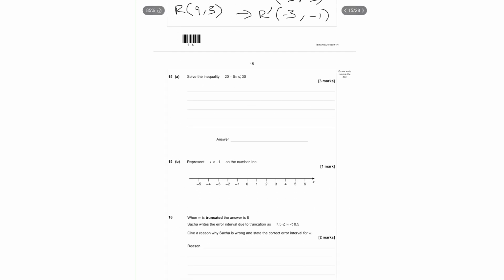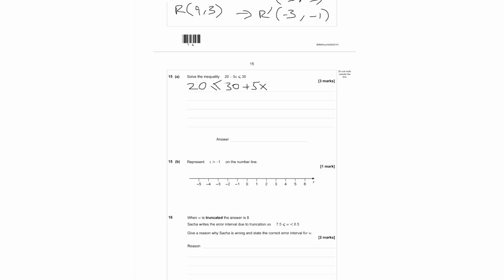For question 15, we're told to solve the inequality 20 minus 5x is equal to or less than 30. So what we can do here is add 5x to both sides. So we get 20 is less than or equal to 30 plus 5x.